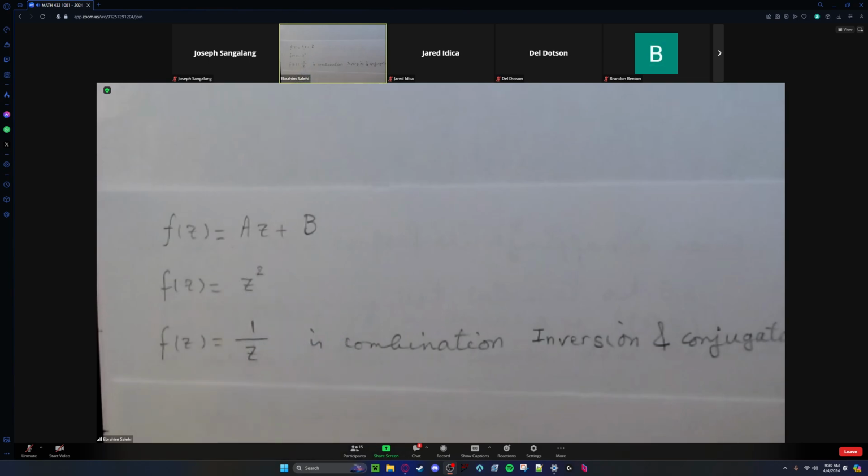And next time I will cover z plus 1 over z, which is the Joukowski airfoil, and that is an extremely beautiful function, as you will see next Thursday. Any comment, any question?